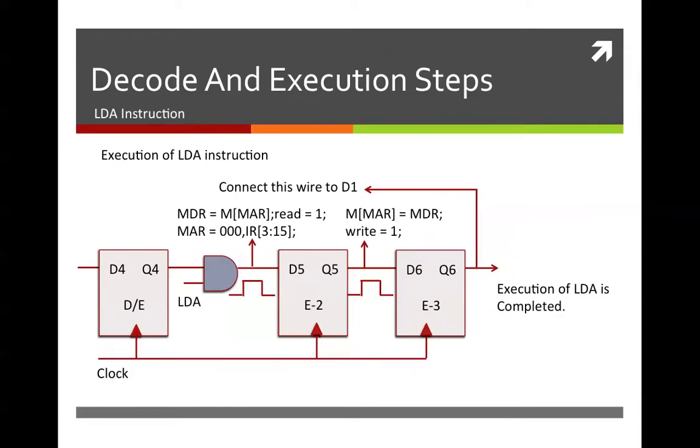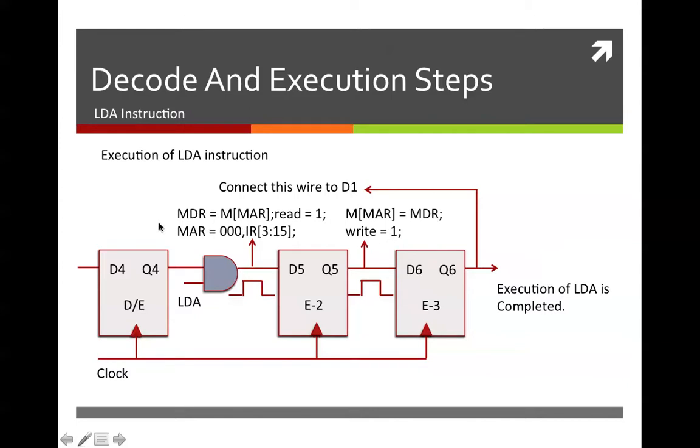Now for the next 2 instructions, we're going to have to do something slightly different. This being a load instruction, we just have to remember that the load instruction has some address which is sitting within the instruction word itself, and also some data.